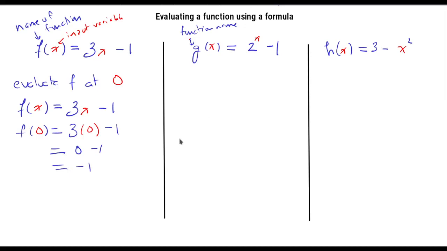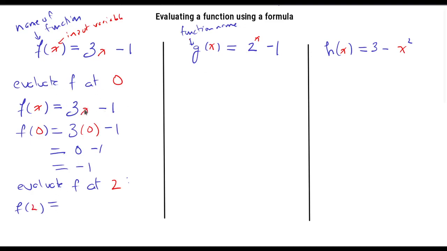Okay, let's try another evaluation using that same formula. If we evaluate f at the input 2, what do we get? So f of 2 here, we're taking the same formula, 3x minus 1.